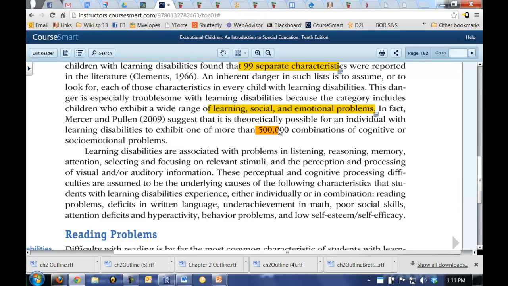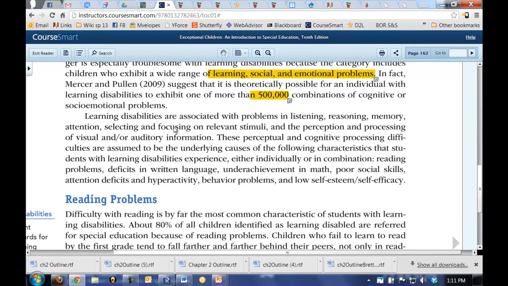More than 500 combinations of characteristics of kids' learning disabilities. Learning disabilities are associated with problems in listening, reasoning, memory, selecting, focusing on relevant stimuli, perception, and processing. So there is just their ballpark figure, keywords here. Perceptual and cognitive processing difficulties are assumed to be underlying causes.